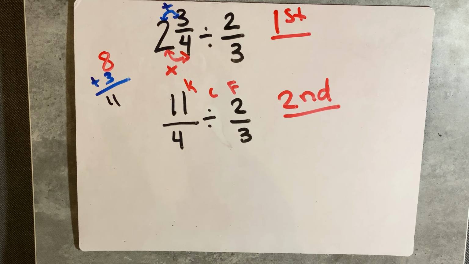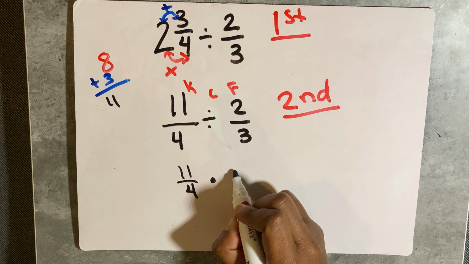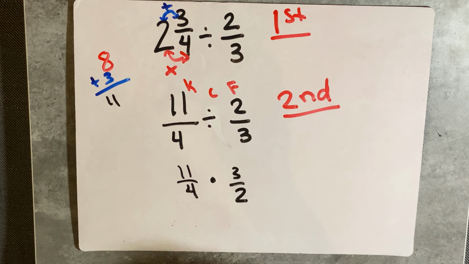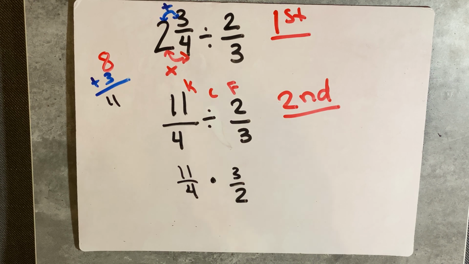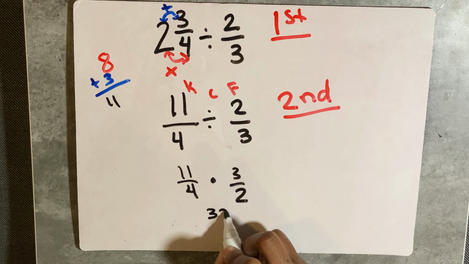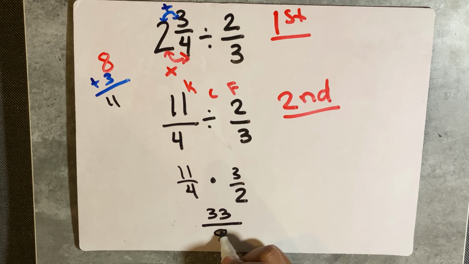So let's do the same thing we did before. 11/4 times 3/2. So then we can do 11 times 3, and 4 times 2, which is 8.